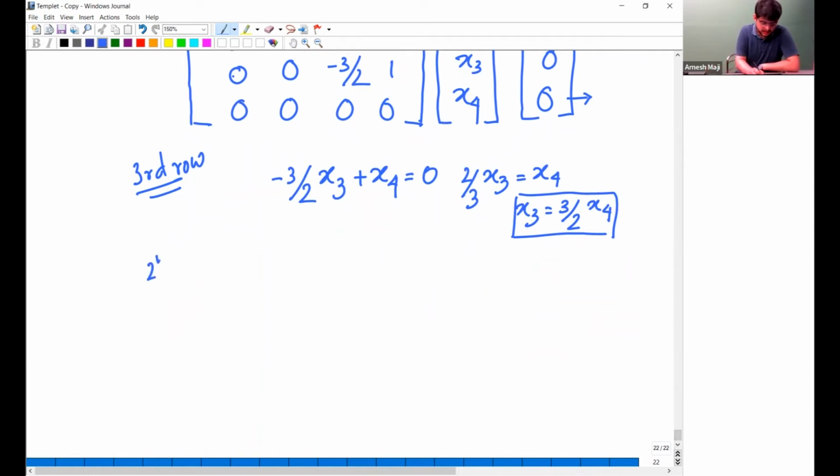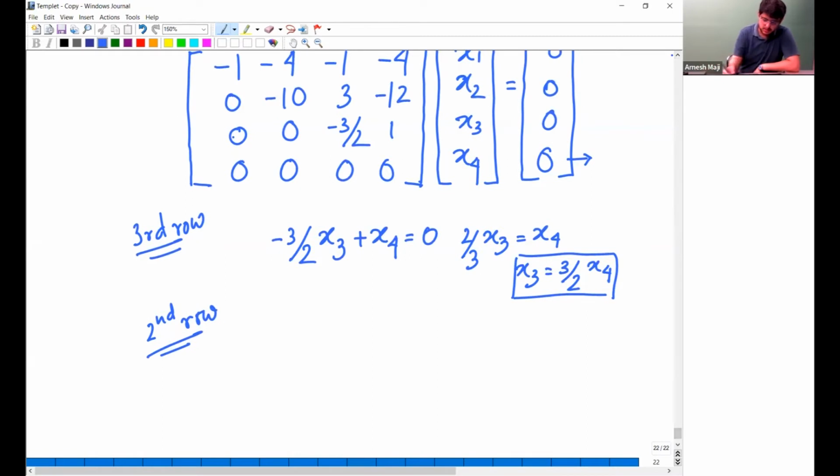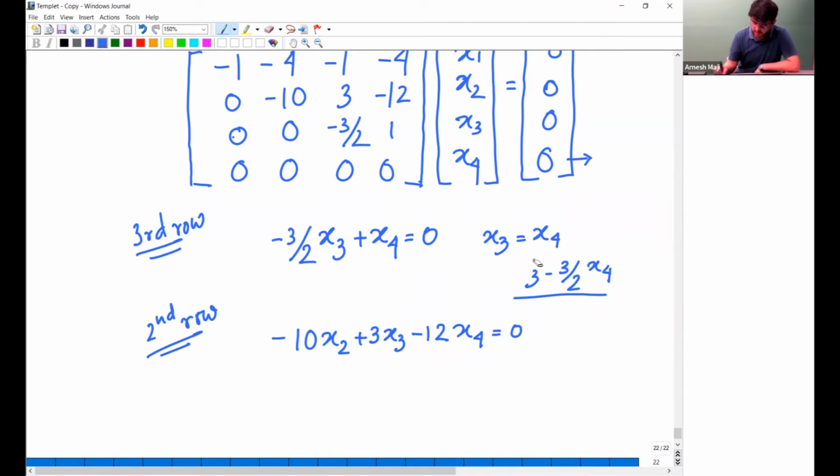Now we'll come to the second row. If we just do the multiplication, I have made a mistake here, I'm sorry. This will be 3 by 2 x3 equal to x4.